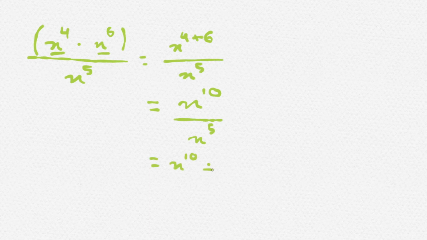So x to the power of 10 divided by x to the power of 5 will give you x to the power of 10 minus 5. Your final answer will be x to the power of 5.